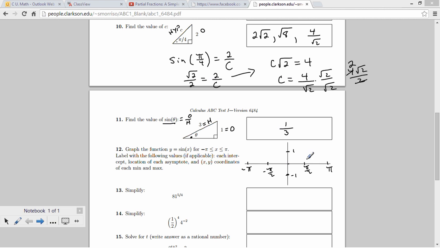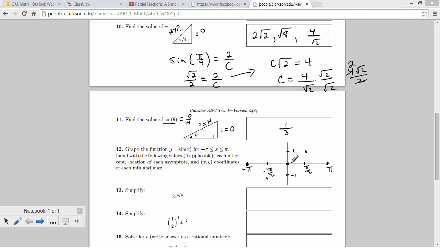And so you identify the peaks and valleys of the curve, and we've got going through the origin, we've got going through pi over 2 and 1, and we've got going through pi and 0. And then on the negative side of the x-axis, you're going to go through negative pi over 2, negative 1, and you're going to go through negative pi, 0.